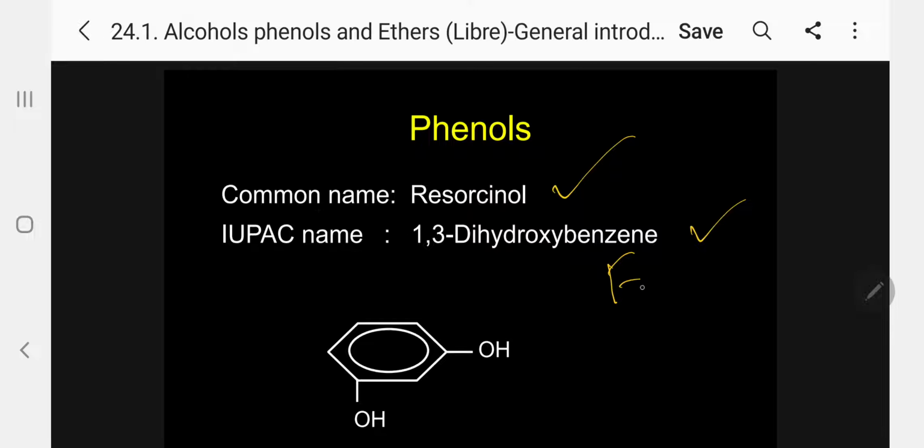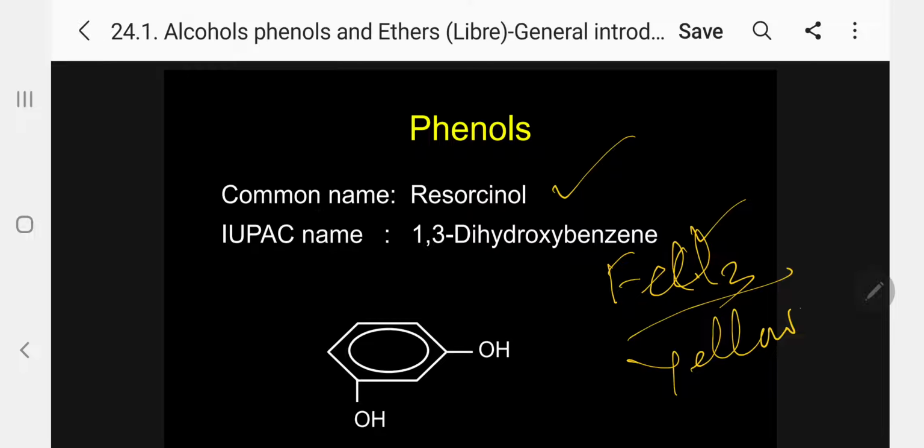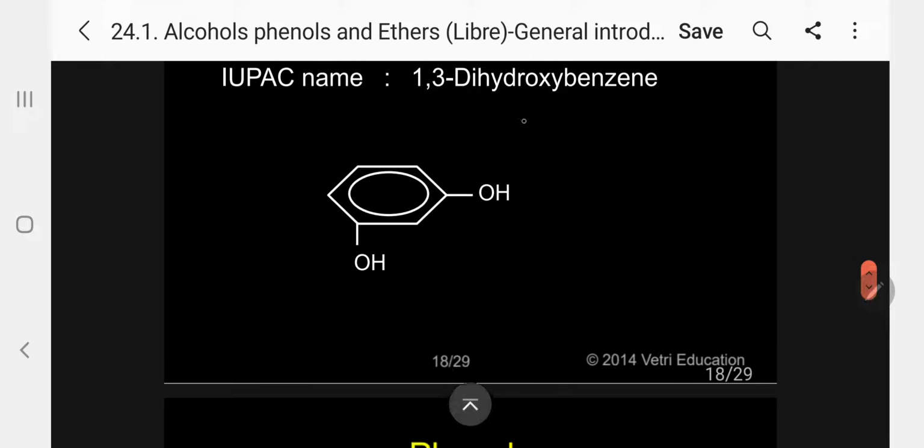With neutral ferric chloride, kindly follow, this resorcinol gives yellowish green fluorescence. This is resorcinol. Kindly follow.